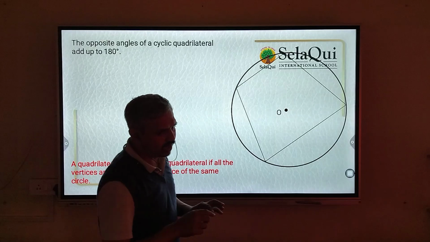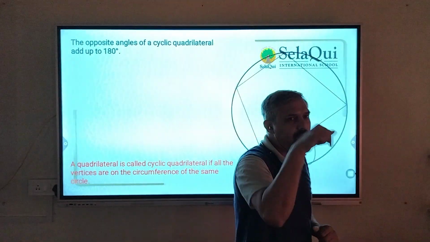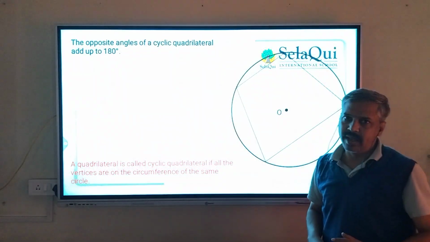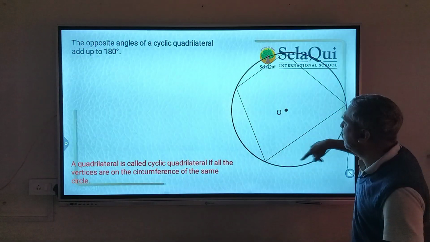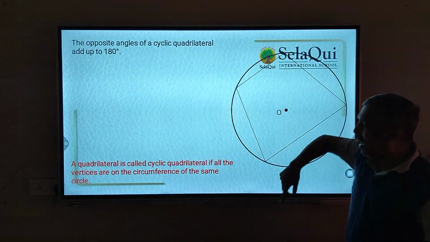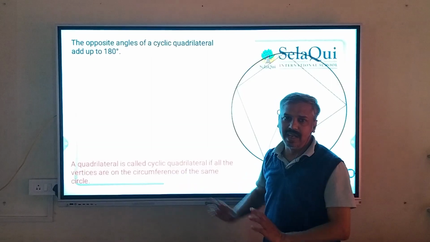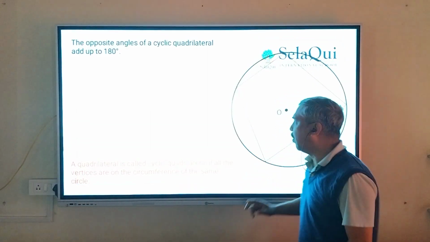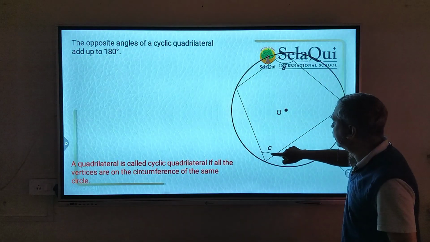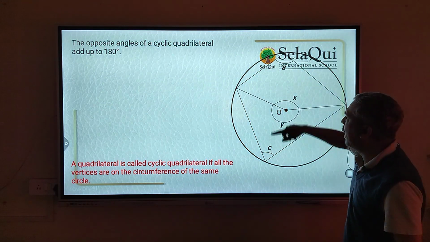If you take any quadrilateral and it is possible that all its vertices lie on the same common circle, then that quadrilateral is called a cyclic quadrilateral. And if it is a cyclic quadrilateral, then opposite angles are supplementary. Their addition is 180 degrees.